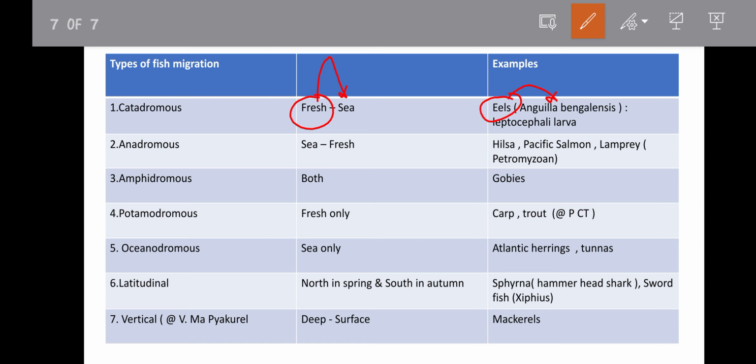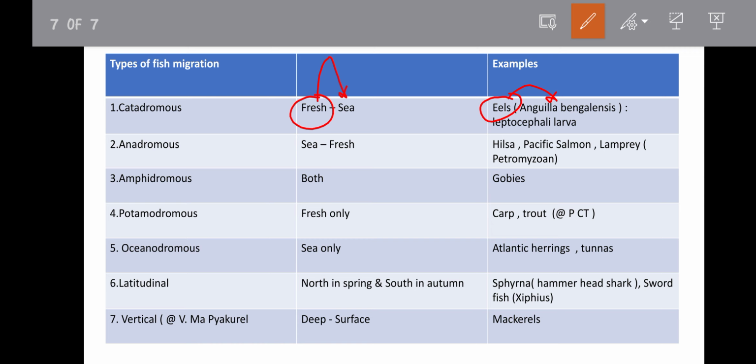It usually stays in the Karnali River of Nepal and migrates to the Bay of Bengal during its breeding season. Here, Karnali River is fresh water because Nepal is landlocked, obviously, and Bay of Bengal is sea. So this eel, Anguilla bengalensis, travels from Karnali River, that is fresh water, to Bay of Bengal, that is sea.